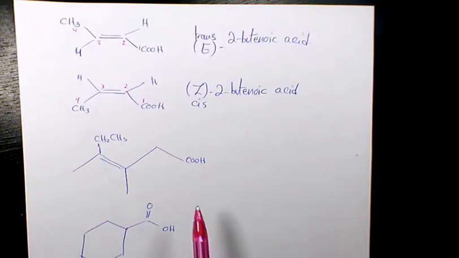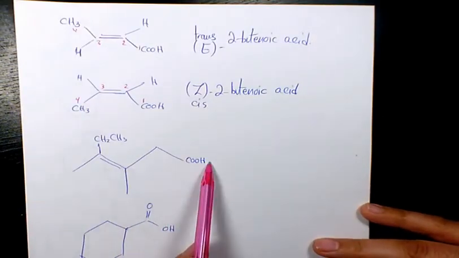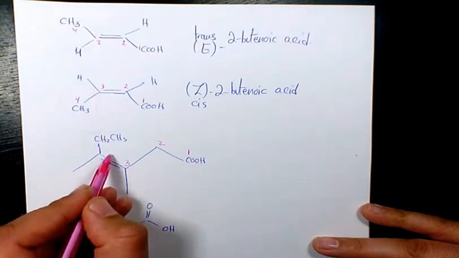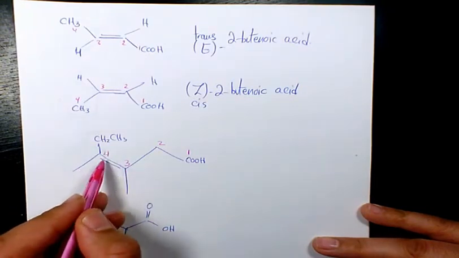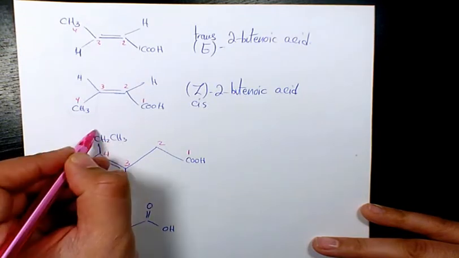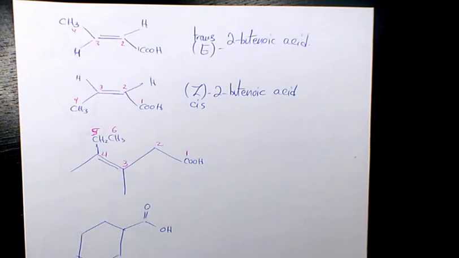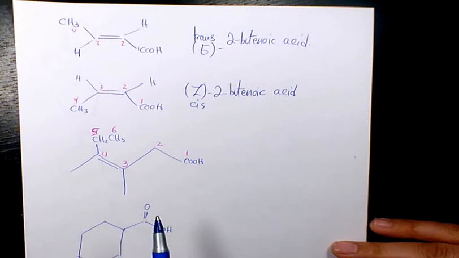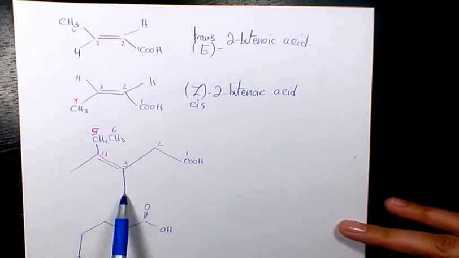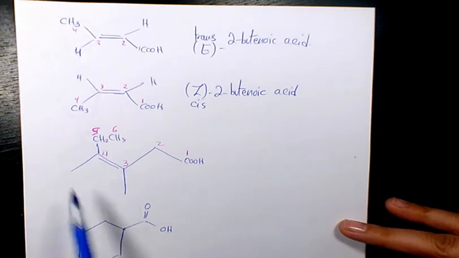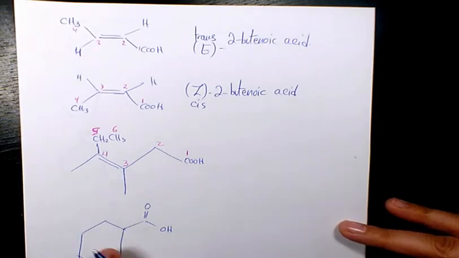Now let's see how to name this organic compound. See this carboxylic group, we need to start numbering from here. 1, 2, 3, 4. We go this way, or we need to go this way because we have 2 carbons here. So obviously we need to select this one, 5 and 6. So we have 6 carbons in total. And we have 3-methyl and 4-methyl here, both of them on the same side, so it means that we are dealing with Z isomer.